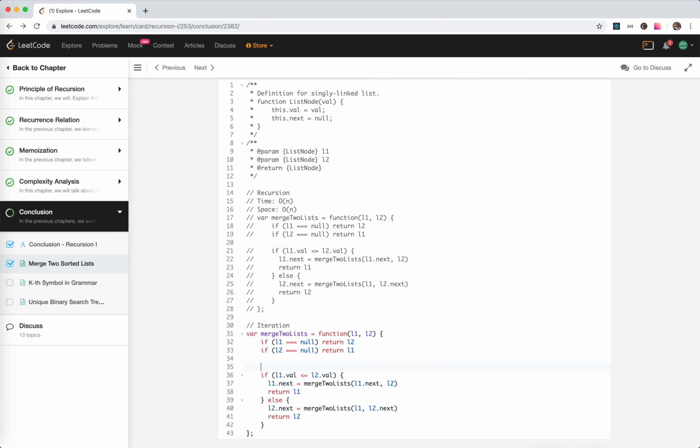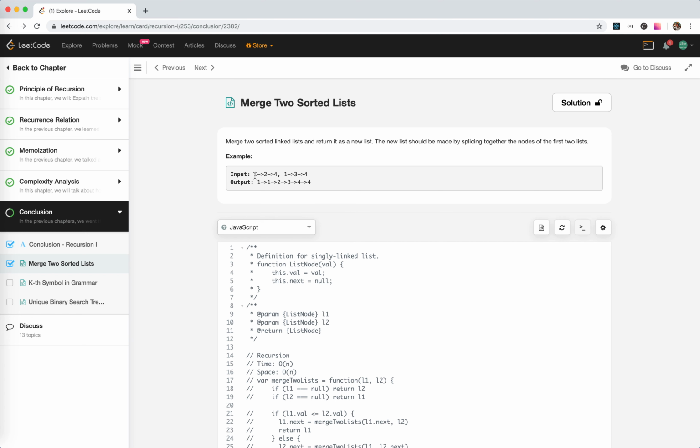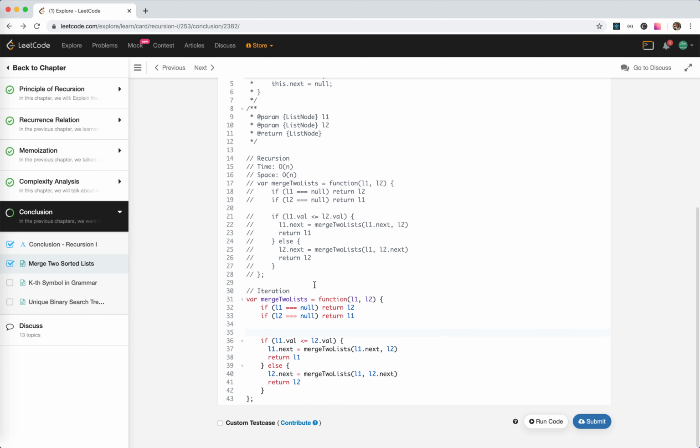Okay, so of course, for each step we just find the smaller number, put it behind, and update the next for each node. We need to get the head first.